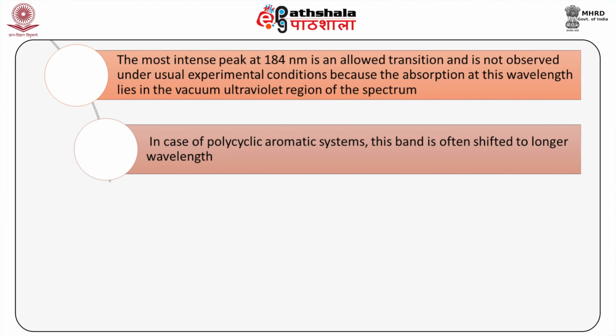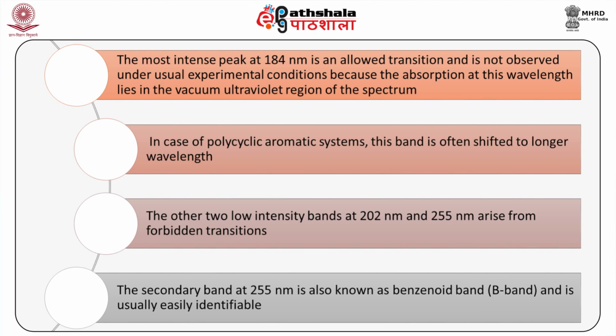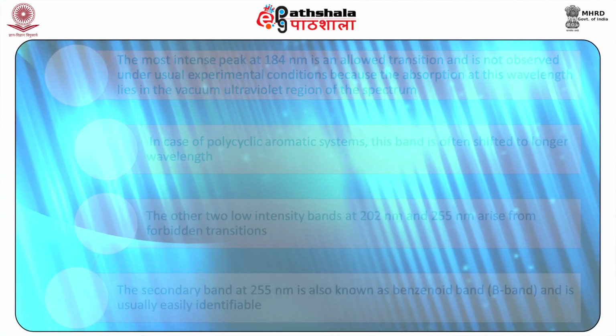In case of polycyclic aromatic systems, this band is often shifted to longer wavelengths. Now, the other 2 low intensity bands at 202 nanometers and 255 nanometers arise from forbidden transitions. Now, the secondary band, as I mentioned, at 255 nanometers is also known as the benzenoid band or the B band and is usually easily identifiable.